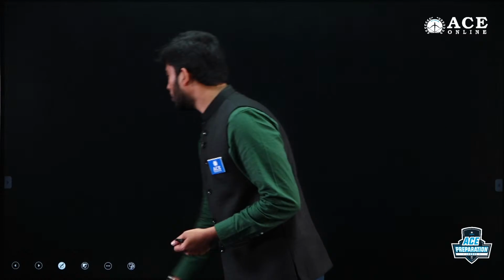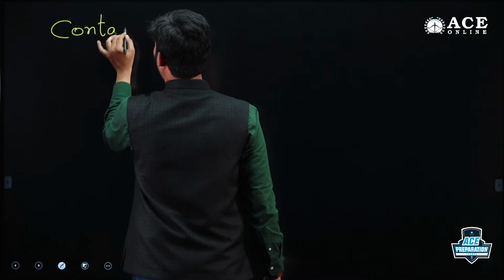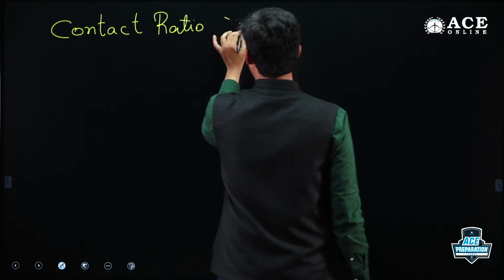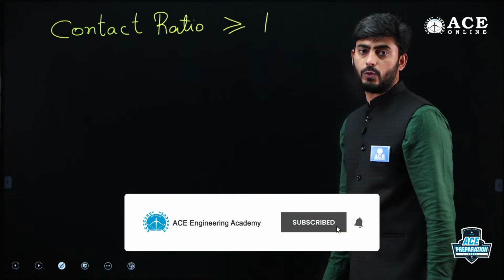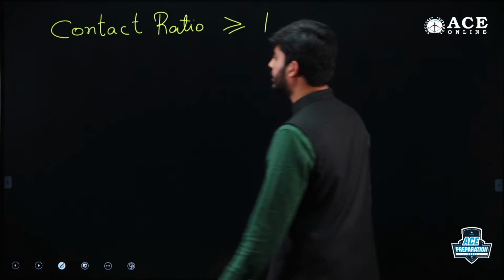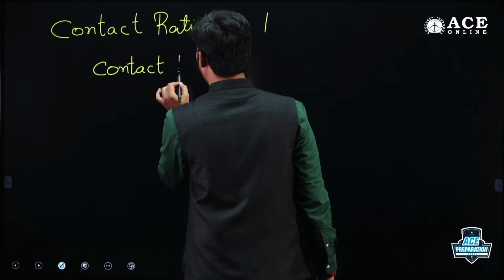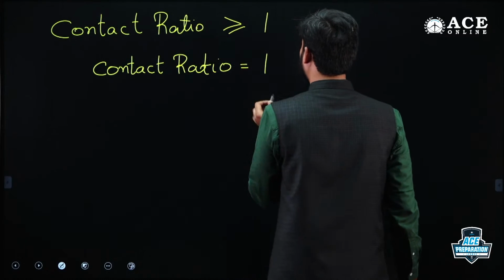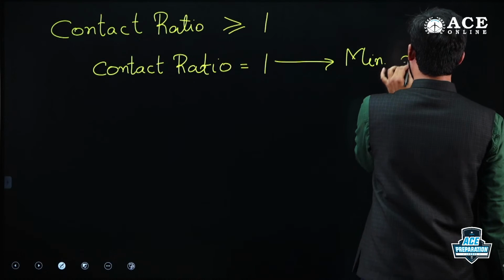That will happen only when the contact ratio is greater than or equal to 1. So the minimum value of addendum will be when contact ratio is equal to 1. This corresponds to minimum addendum.